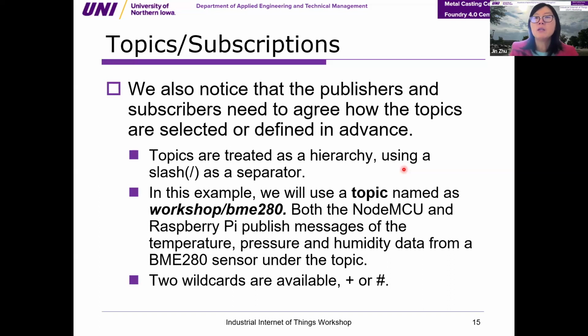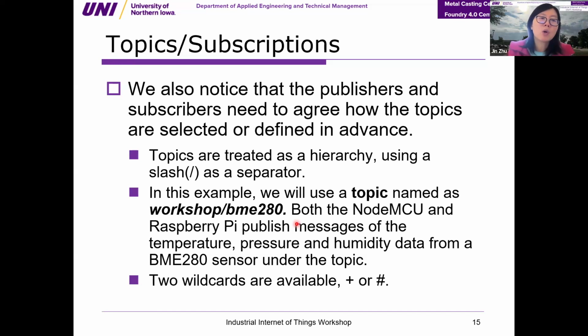For example, in this example, we'll just use a topic named something like workshop/BME280. Both the MCU and the Raspberry Pi publish a message of the data collected from the BME280, which includes your temperature, pressure, and humidity, under this topic name. So when we subscribe, you could also subscribe under this topic.